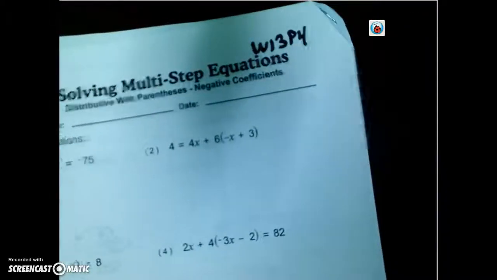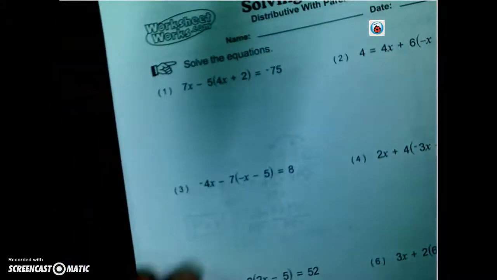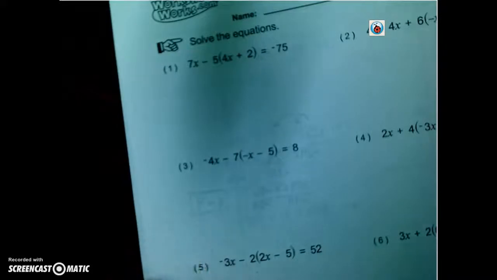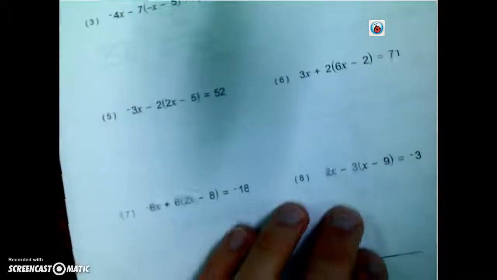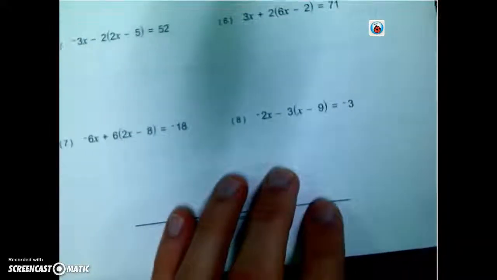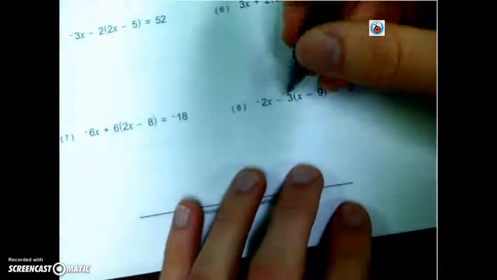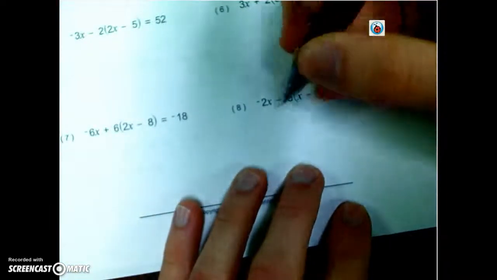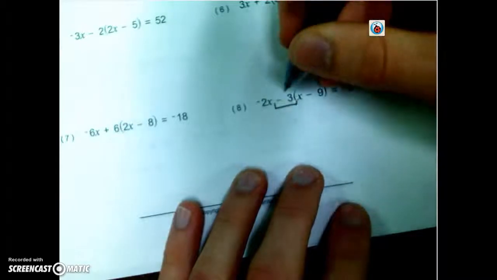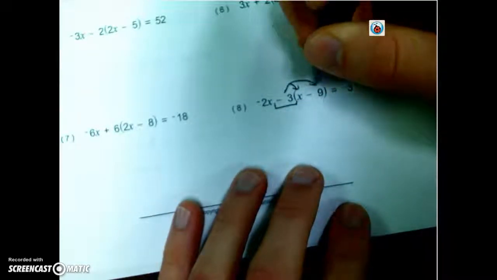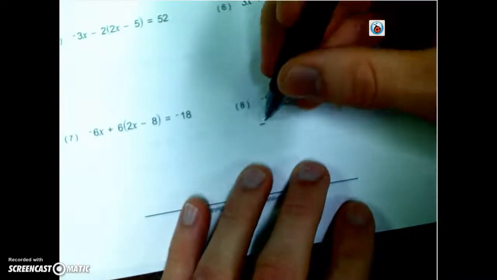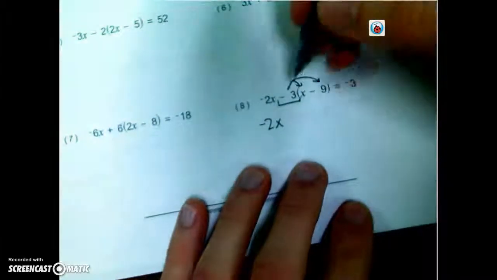All right. Now, similar is the last page, so week 13, page 4. We have some distributing as well as some combining like terms. So we'll look at the one all the way here at the bottom, number 8. Now, the number that I need to distribute is negative 3.